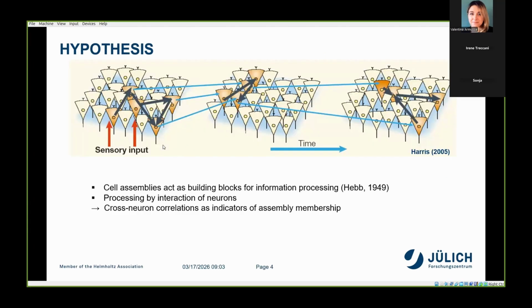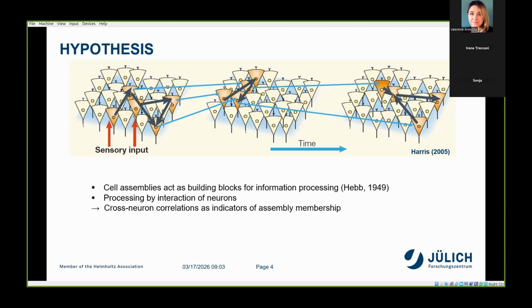Now, there was a hypothesis, I like the figure very much, but this is an older hypothesis than by Ken Harris, that cell assemblies, groups of neurons, act as building blocks for information processing. This was brought up by Hebb already in 1949 in his very famous book.